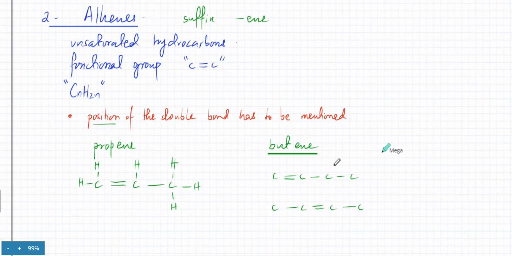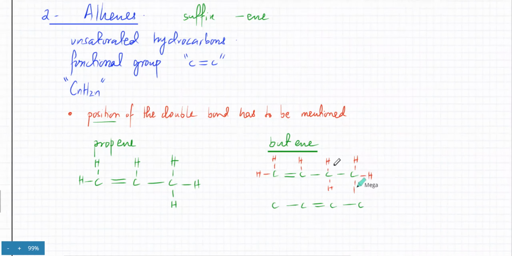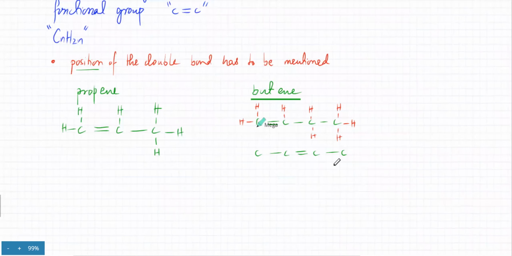So the ene would either be on the first carbon, or on the second; put in all the hydrogens. Now these two molecules are inherently different.